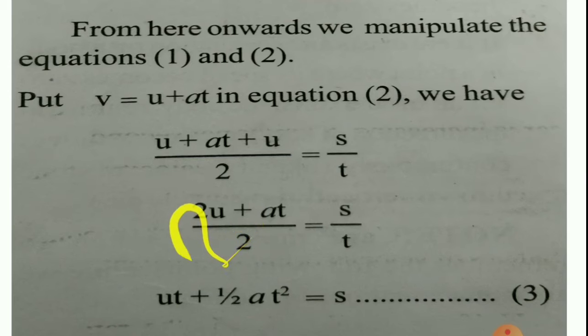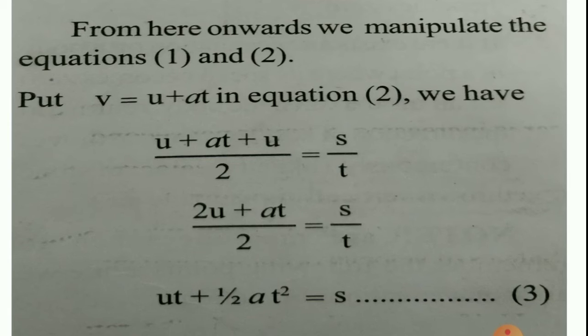Here 2 will be cancelled and U will remain, and here you will get half AT. By cross multiplication, taking T to this side, you will get UT plus half AT square. This is how to derive the second formula. In this way you will get the derivations of the formulas.